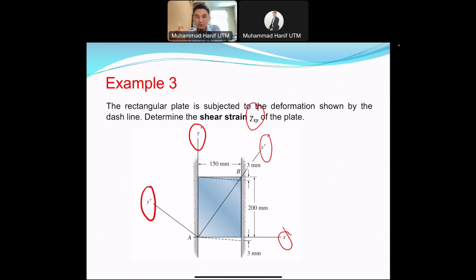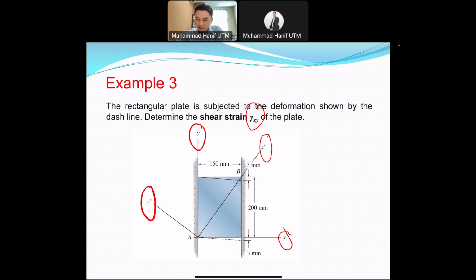So you have to understand the question: where is this shear strain located? Gamma xy should be at the xy position, not x prime, y prime. It should be the xy position. I give you a clue, but this one you have to think about by yourself or discuss with your friends, because I don't like to give the direct answer.